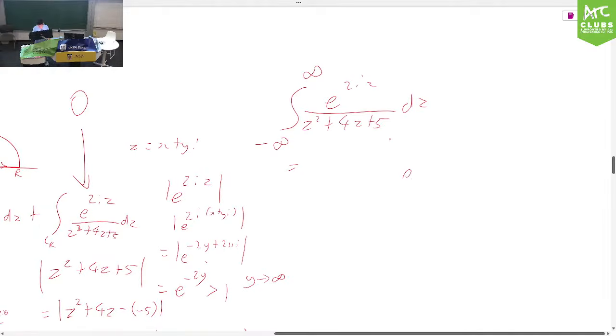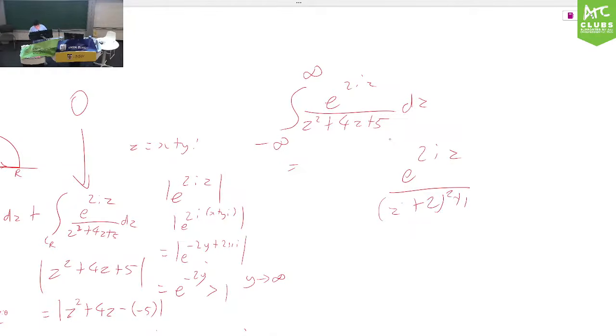So e to the 2iz. Maybe find the singularities first, and then find the residue at those singularities. So z squared plus 4z plus 5: what makes the denominator 0? z equals minus 2 plus or minus i.